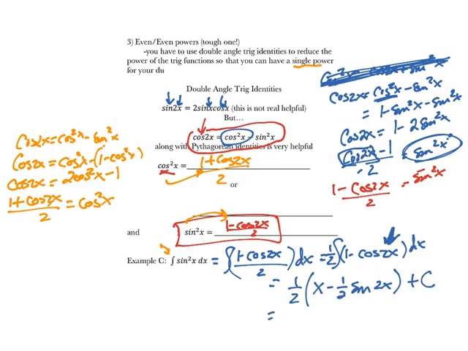And then I could distribute the 1/2, so I'd get 1/2 x minus 1/4 sine 2x plus the cupcake. Hopefully that makes sense, and tomorrow we will do some practicing with the powers on sines and cosines. But you do need to know your double angle identity, or that cosine squared is 1 plus cosine 2x over 2, and sine squared is 1 minus cosine 2x over 2.